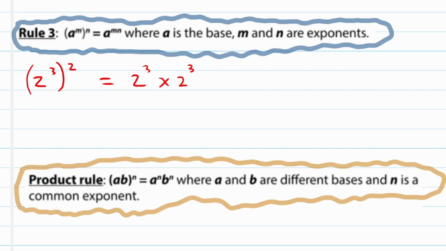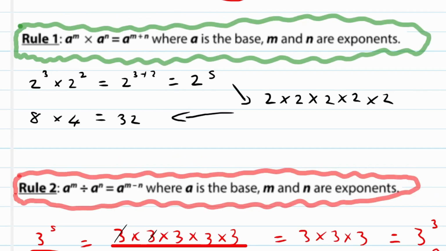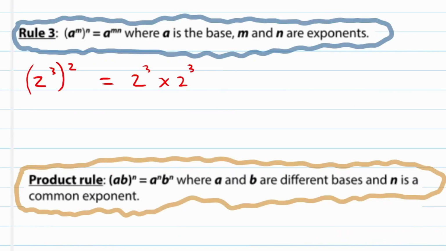And if we use our previous law, actually rule number 1, it's easy for us to see that over here we can say it's 2 to the power of 3 plus 3, which is equal to 2 to the power of 6. We can even write it out and say, okay, 2 times 2 times 2, that's the first one, times 2 times 2 times 2.